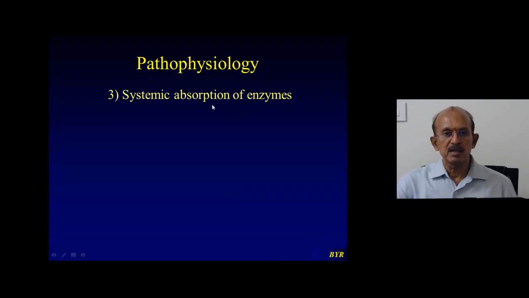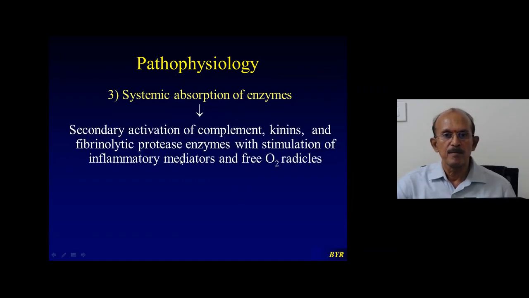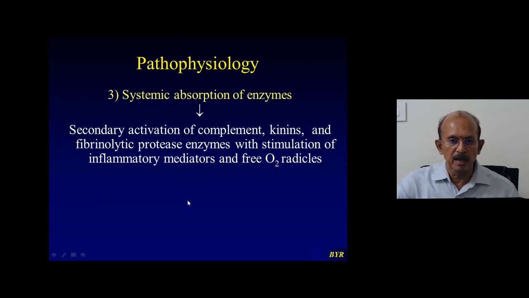And some of these enzymes are absorbed into the bloodstream. So this is what happens if you inject the proteases into the blood. In the beginning of the class, one of your colleagues asked me, can you give an intravenous injection of these enzymes, trypsin, to cure edema of the inflammation?